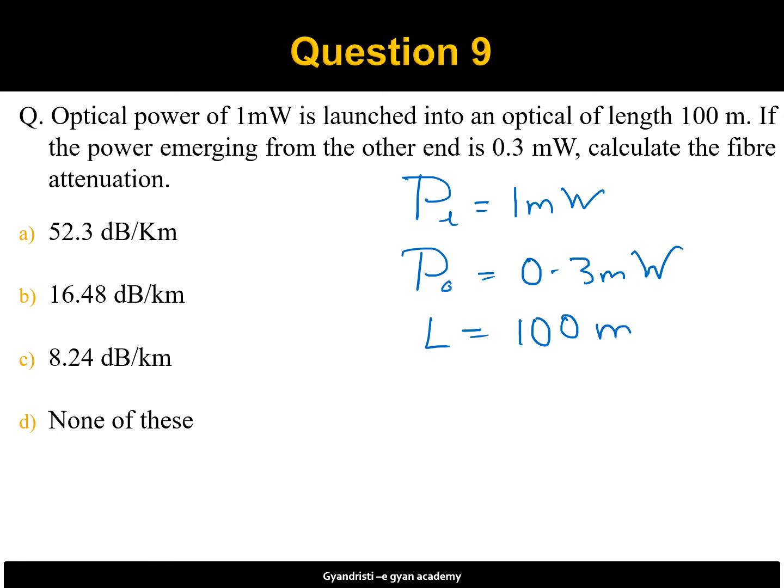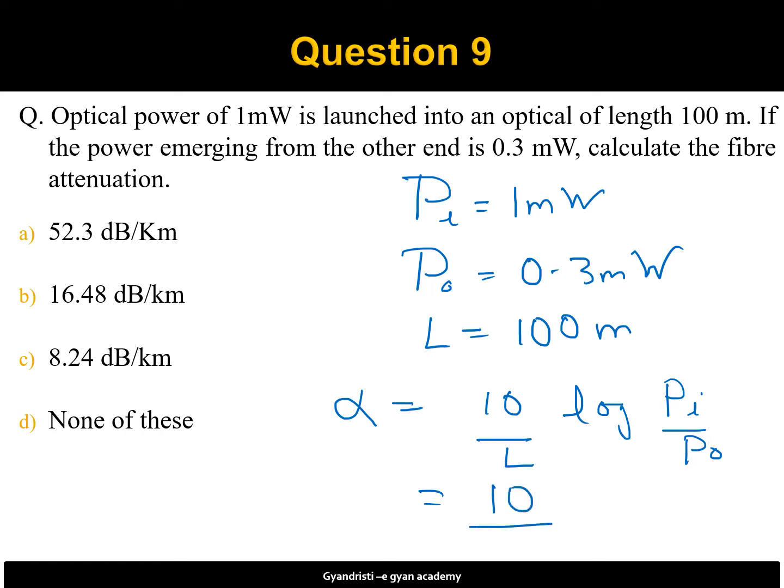Okay, so what is fiber attenuation? Optical fiber attenuation is defined as 10 by L into log Pi by P0. So L is the length of the optical fiber. It is 100 meter, so you can write it in kilometer as 0.100.